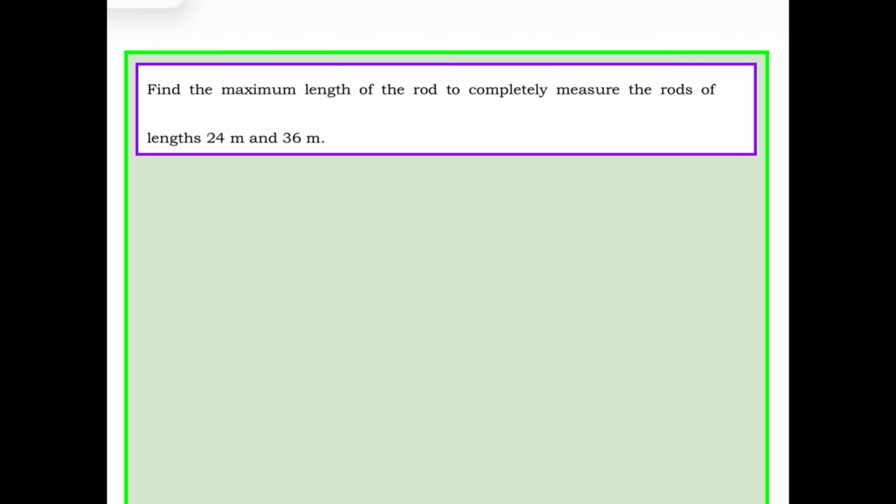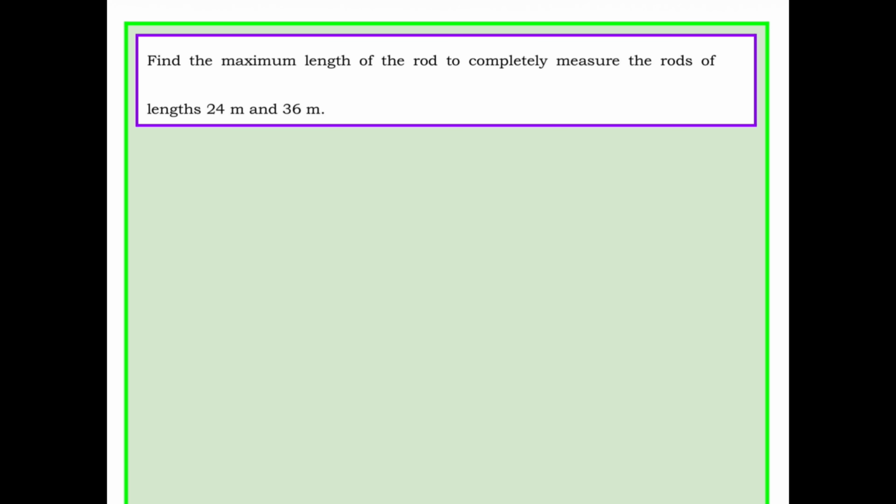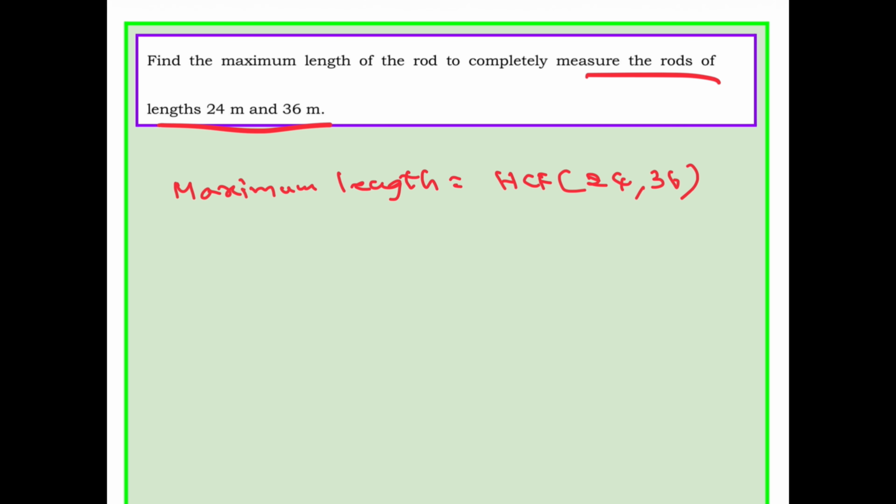Next question. Find the maximum length of rod that can completely measure rods of length 24 and 36 meter. Maximum length means we have to find the HCF of the given numbers. Maximum length equals HCF of 24 comma 36. 24 factorizes: 2 12 times, 2 6 times, 2 3 times. 36 factorizes: 2 18 times, 2 9 times, 3 3 times.